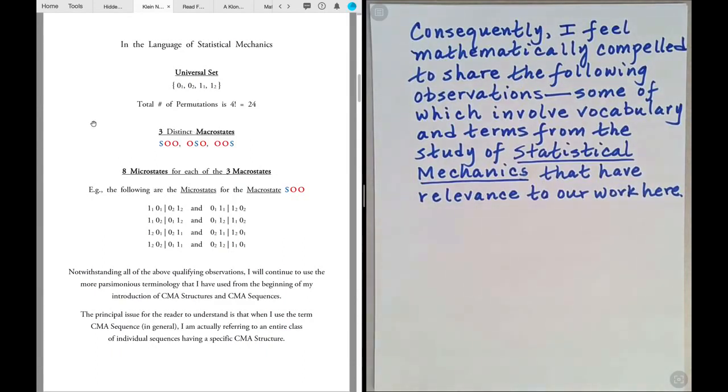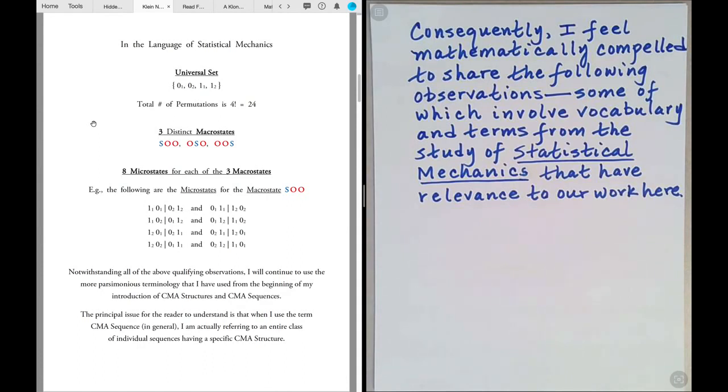Now, if you think about the CMA structure types, they are actually macrostates in the language of statistical mechanics. There's 3 of them: SOO, OSO, and OOS. And for each of these three macrostates, we have 8 microstates.